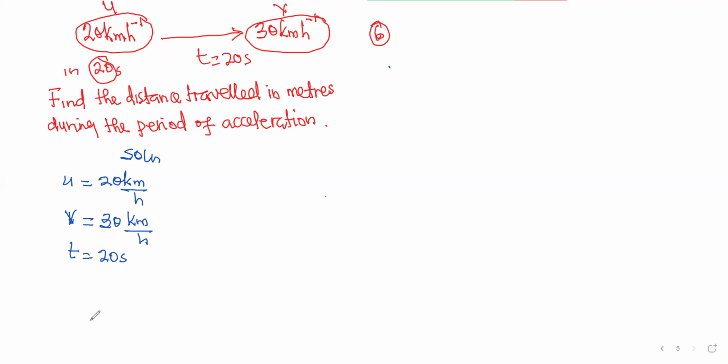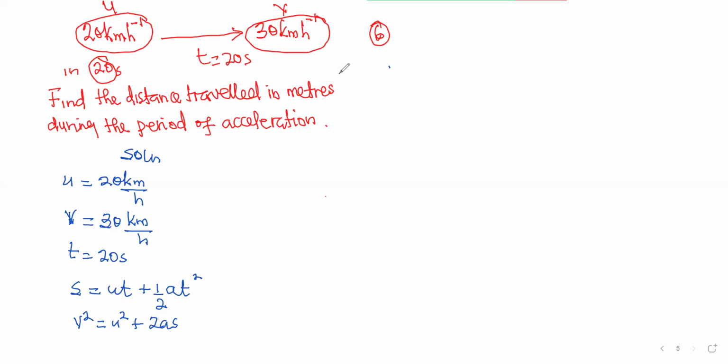So if we are to find the total distance, we can use either equation 2 or 3: S is equal to UT plus half AT squared, or V squared is equal to U squared plus 2AS, then we make S the subject. Whether equation 2 or 3, we will need the acceleration.